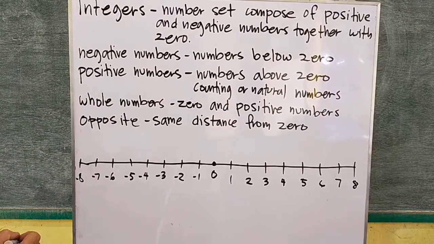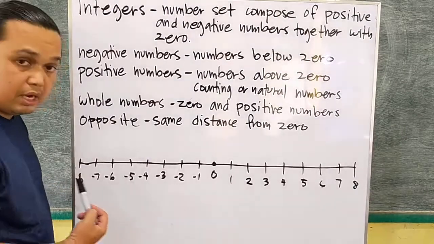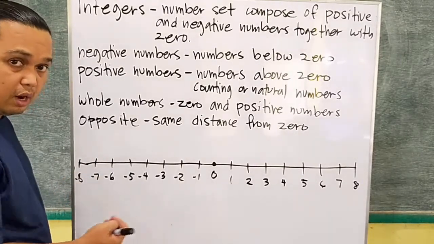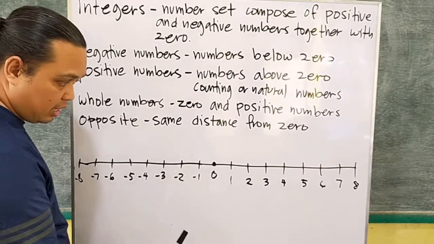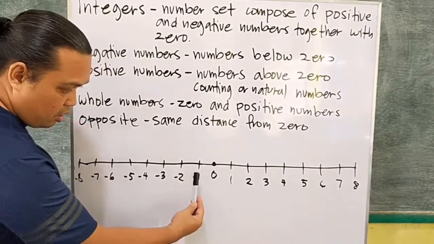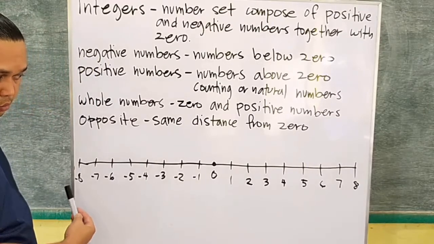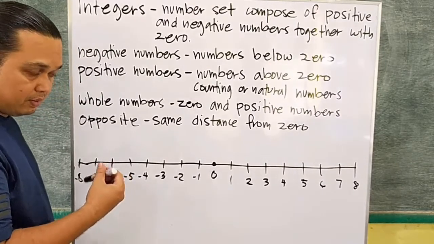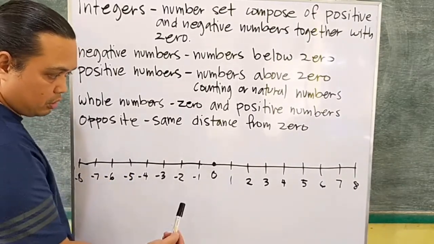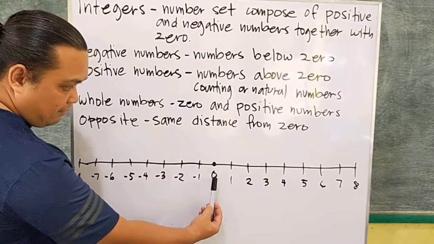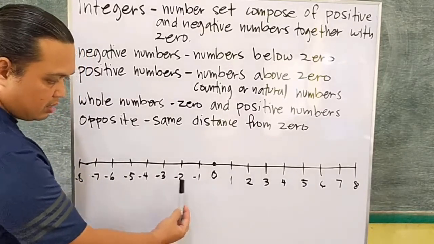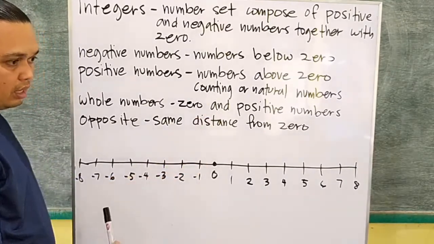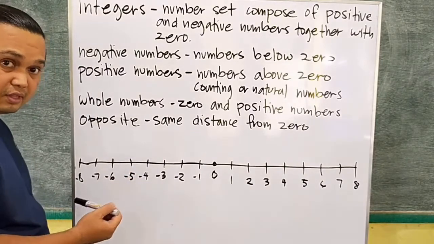Negative numbers are numbers below 0. Or, if we base it on our number line, negative numbers are numbers to the left of 0. We base them from 0, our point of origin. When you say below, it also means to the left of 0.